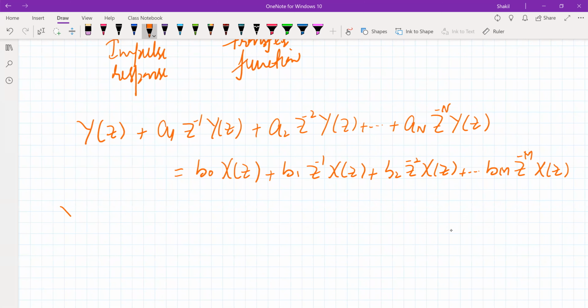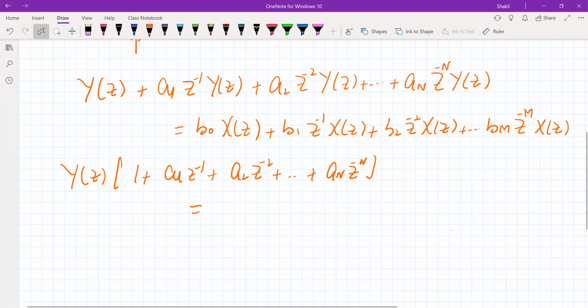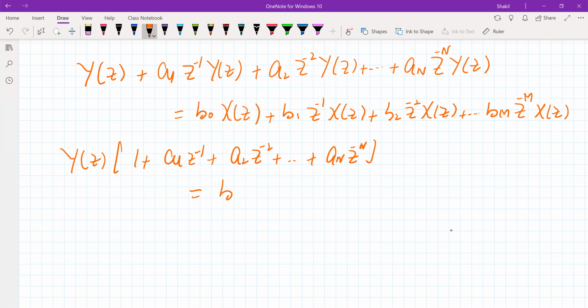So taking y of z common, we say this is 1 plus a1 z inverse plus a2 z raised to minus 2 plus so on, an z raised to minus n, is equal to b0 plus b1 z inverse plus b2 z raised to minus 2 plus so on, bm z raised to minus m times x of z.